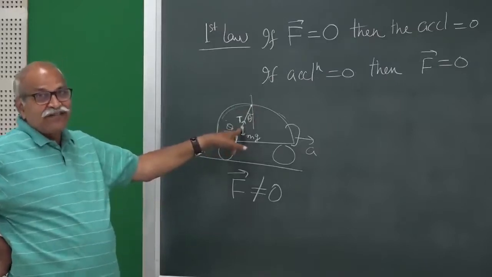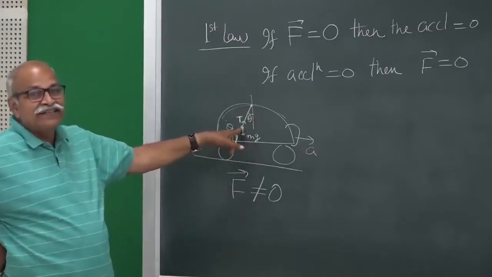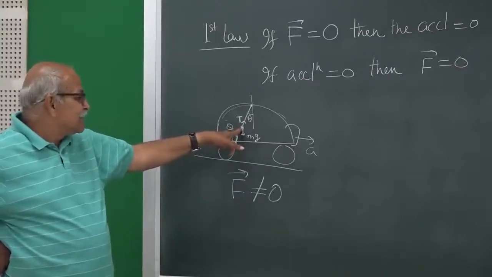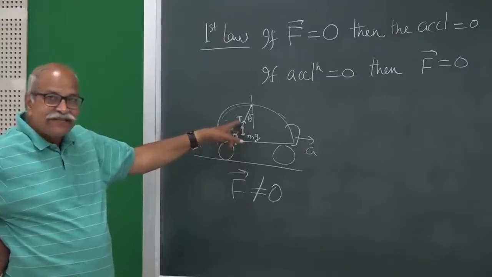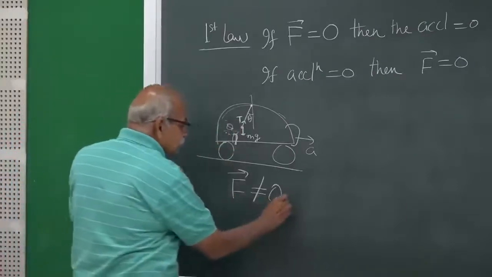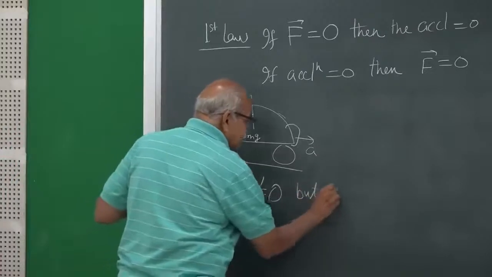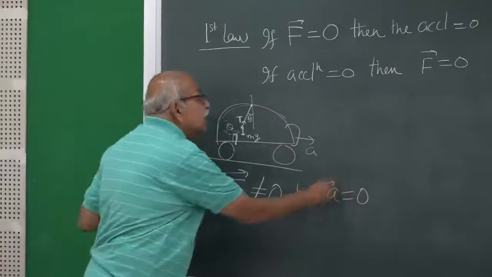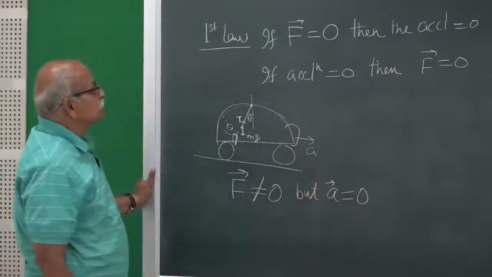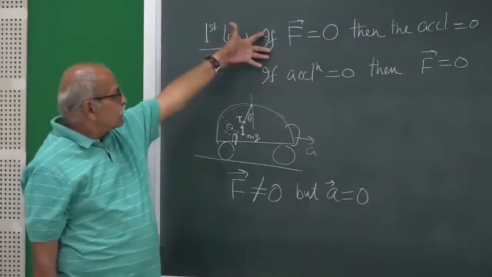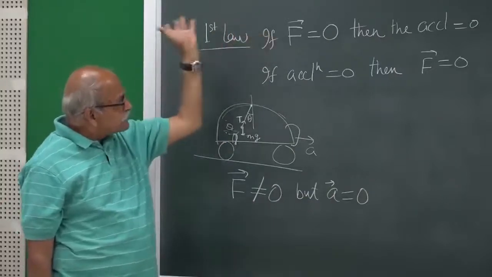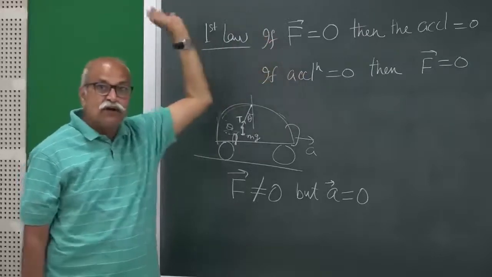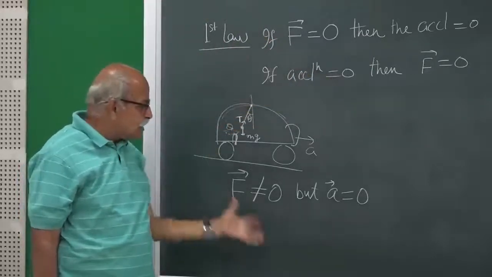The x coordinate does not change in time, y coordinate does not change in time, z coordinate does not change in time. So, it is at rest, it remains at rest, acceleration is 0. So, force is not 0, but acceleration is 0. That means the rule that if force is 0 then the acceleration is 0, and if the force is not 0 then the acceleration is not 0, does not hold here.